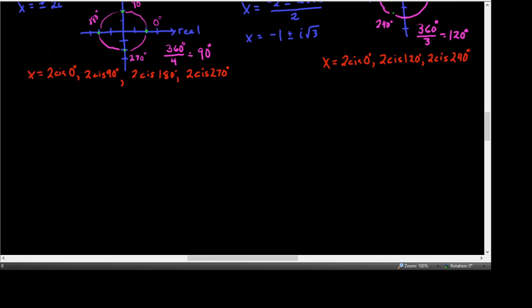So if I had now a more generic form, we know that, for example, r cosine alpha plus i sine of alpha is some complex number, and if we were to cube it, the result would be something.